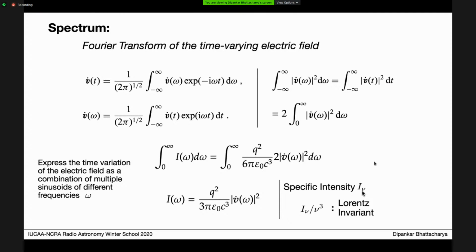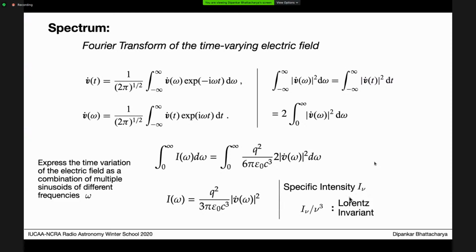So this intensity I nu emitted in one frame will not be the same in another frame because of the effects I have already mentioned. A, there will be relativistic beaming, which will cause the intensity to change from one frame to another moving frame. Secondly, the frequency itself will be Doppler shifted. So the definition of the frequency at which you are receiving the radiation will also change.